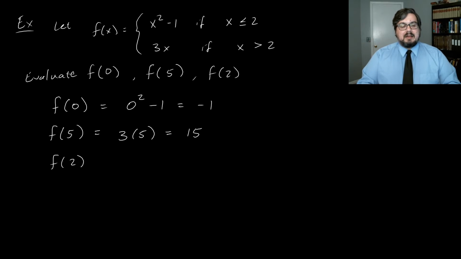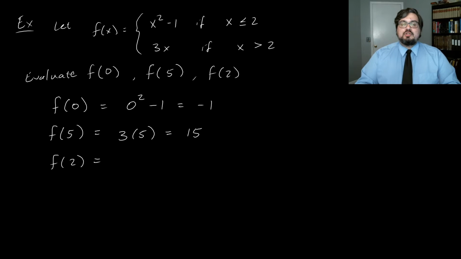And then finally, f of 2. Here's where, of course, you do have to be careful that you make sure to use the right formula. For f of 2, is 2 less than or equal to 2, or is 2 greater than 2? Now, only one of these things is true, and so make sure that you're very, very careful about which one you choose.